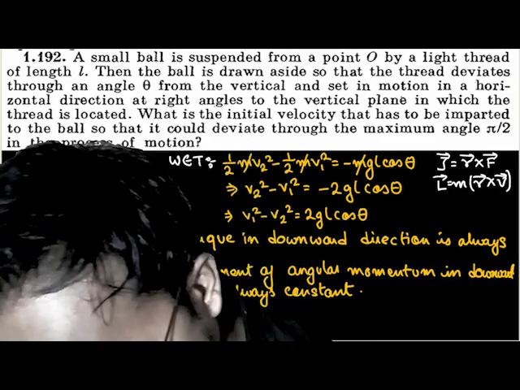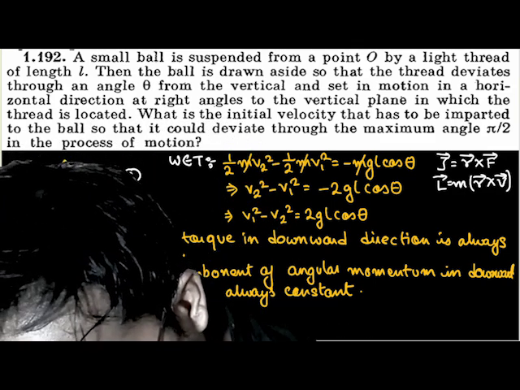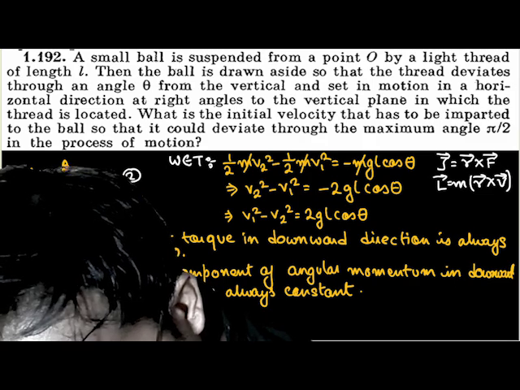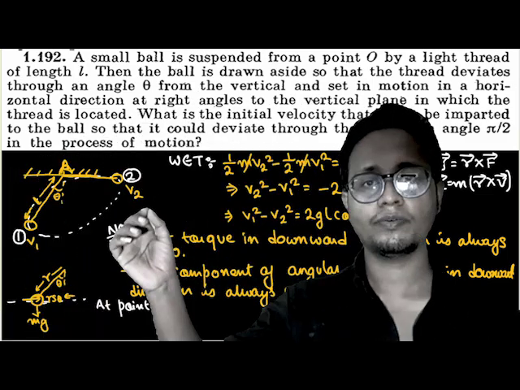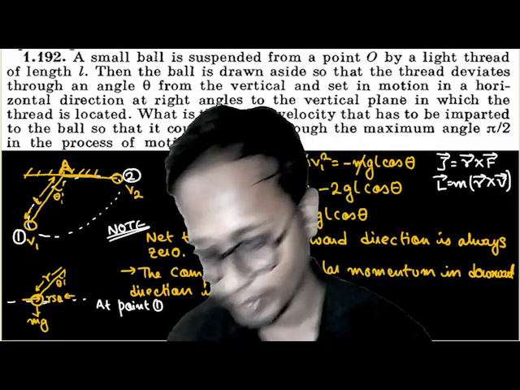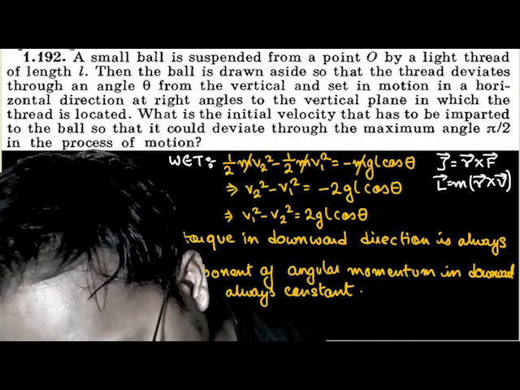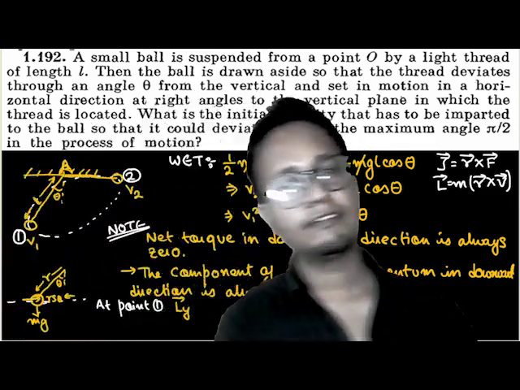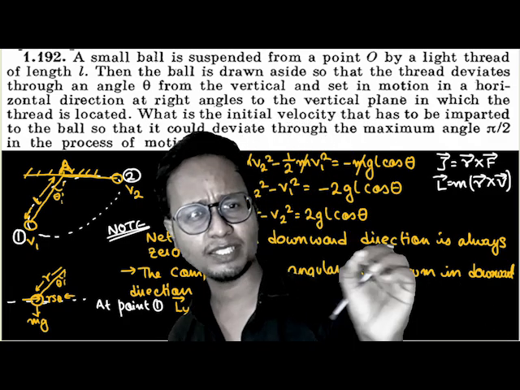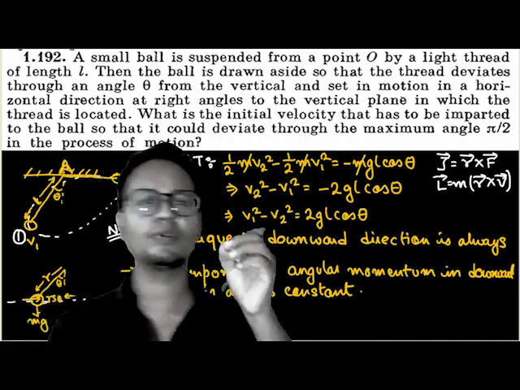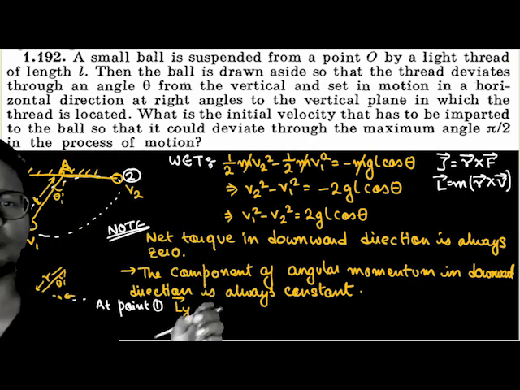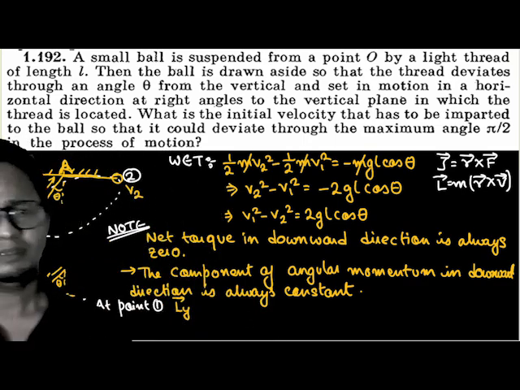So at point 1, let's take the downward component as Ly. Why Ly? See, if the net velocity is V, the x component is written as Vx, the y component as Vy, and the z component as Vz. Similarly, if the total angular momentum is L, the y component of angular momentum is written as Ly.